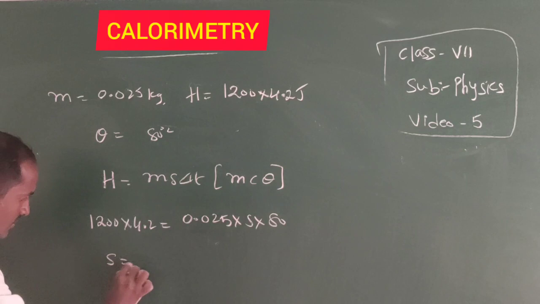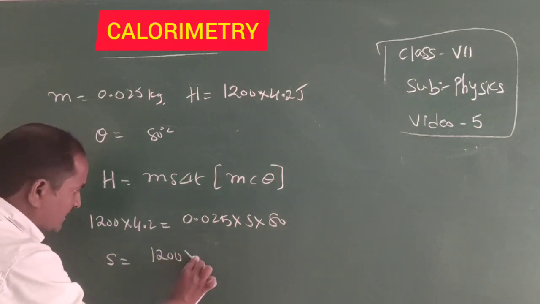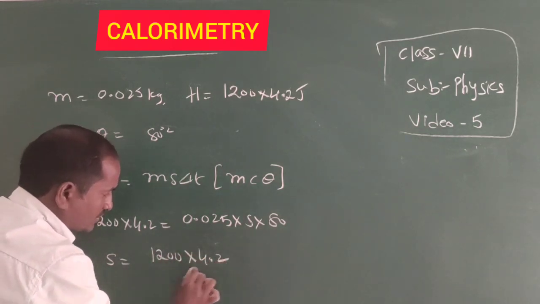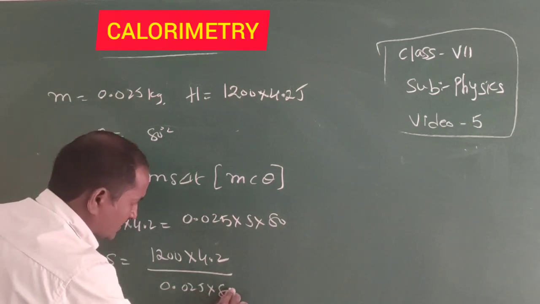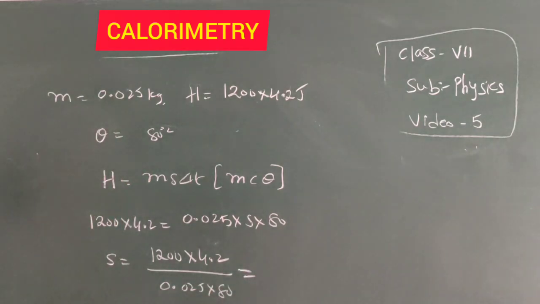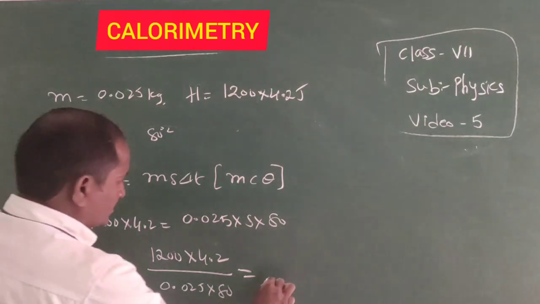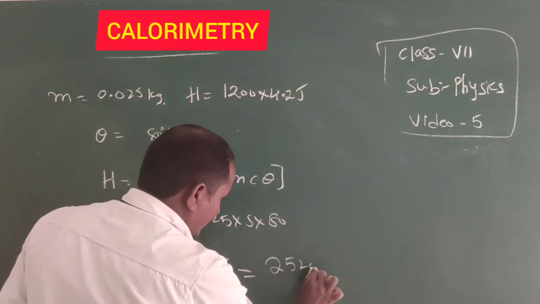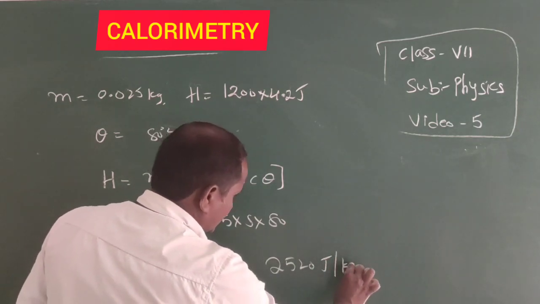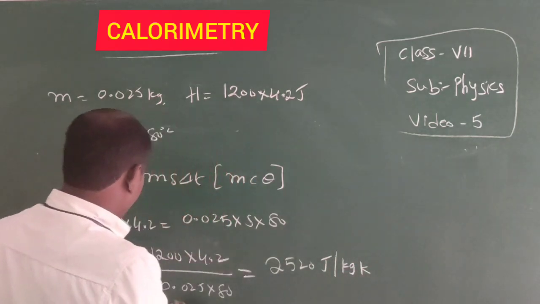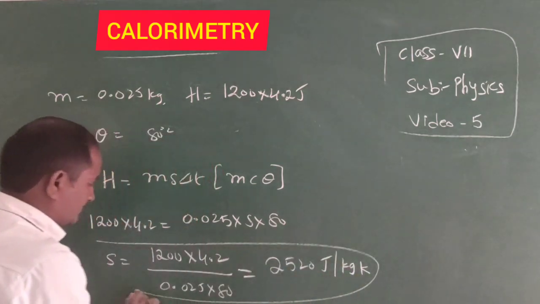So S equals 1200 into 4.2 by 0.025 into 80, which equals 2520 joules per kg Kelvin. It is the S value.